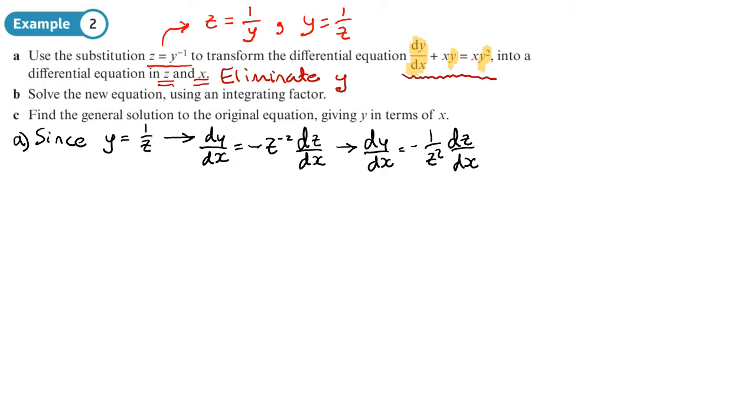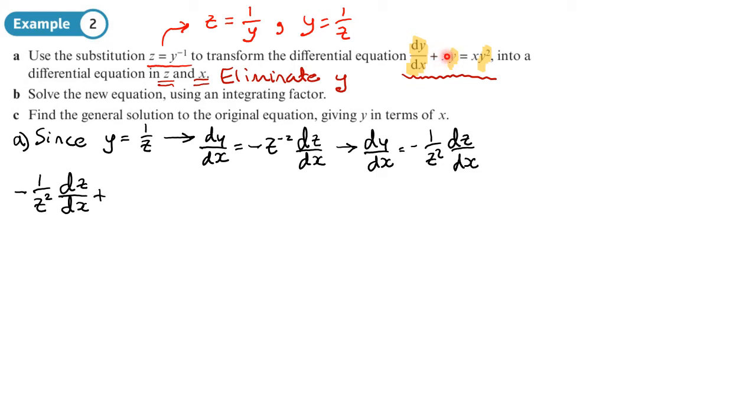So now we'll make our substitution into this differential equation. So this bit here, dy dx, will replace with this, minus 1 over z squared dz dx equals plus x times y.